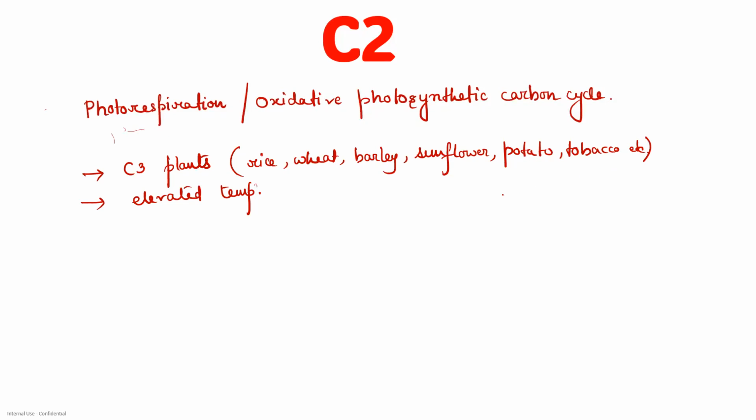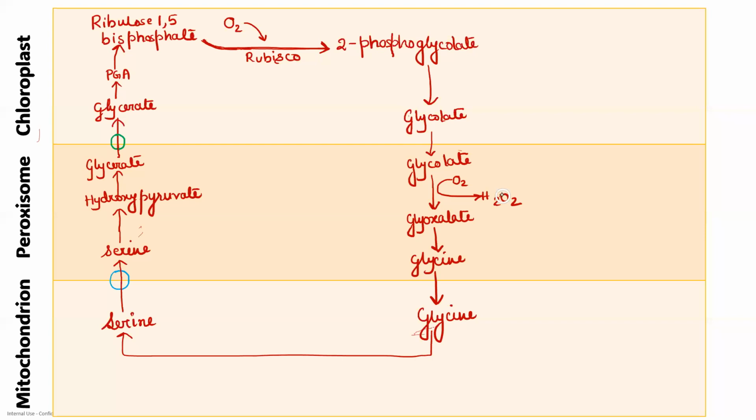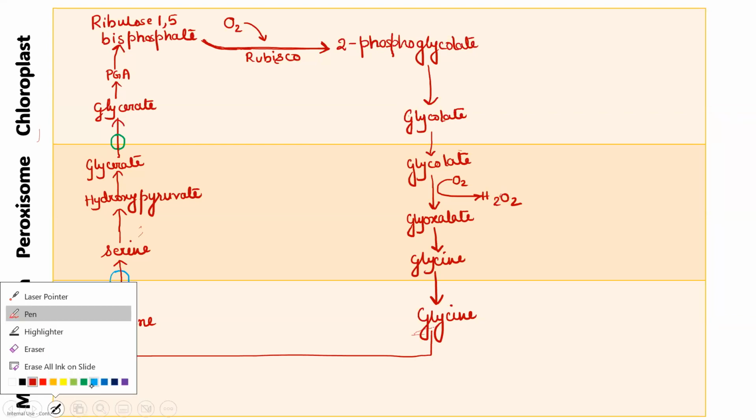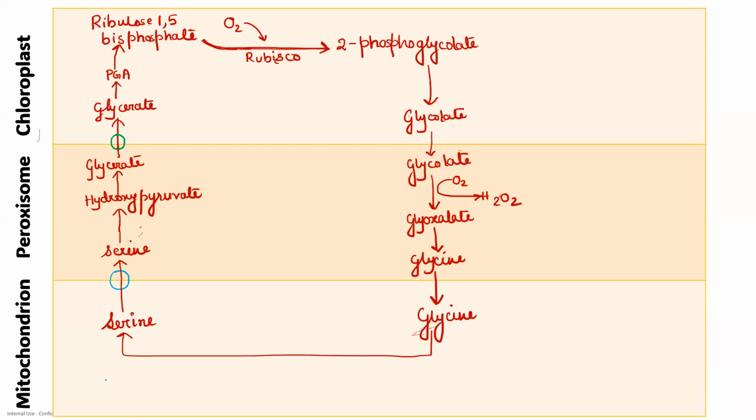So let's come to the pathway. What happens here? Here I have already drawn it out. I've written it also for your convenience. It involves three organelles: the mitochondria, peroxisome, and chloroplast.